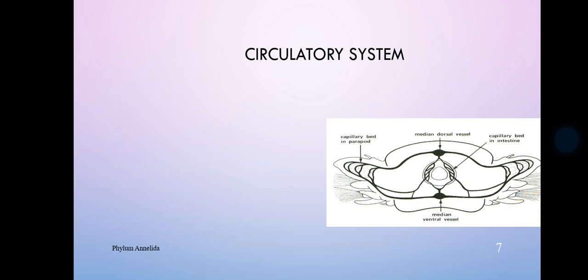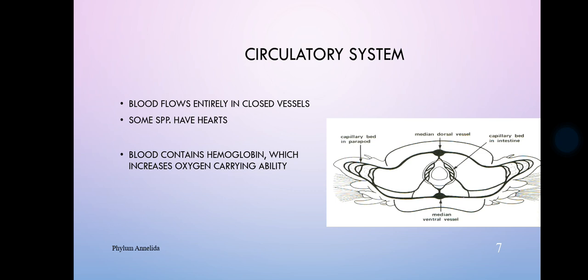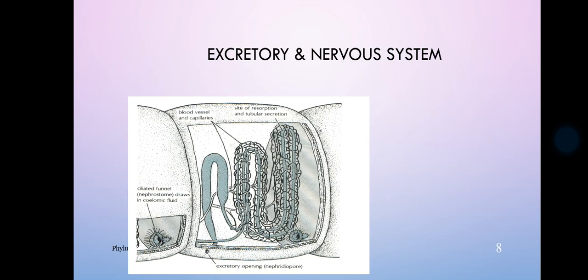Circulatory system: capillary bed in parapod, median dorsal vessel, median ventral vessel, capillary bed in intestine, and blood flows entirely in closed vessels. Some species have hearts. Blood contains hemoglobin, which increases the oxygen carrying ability.